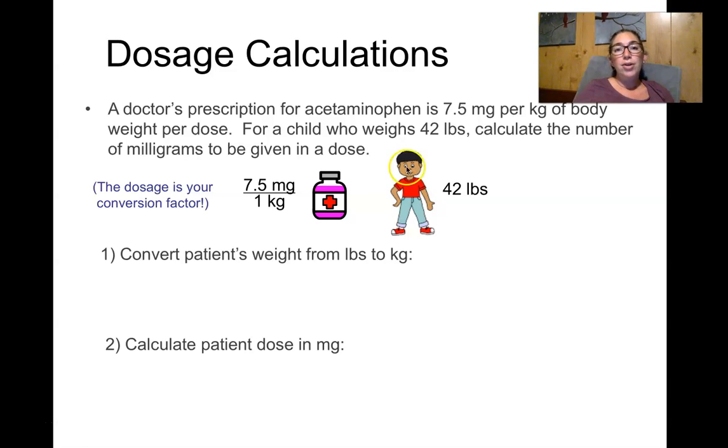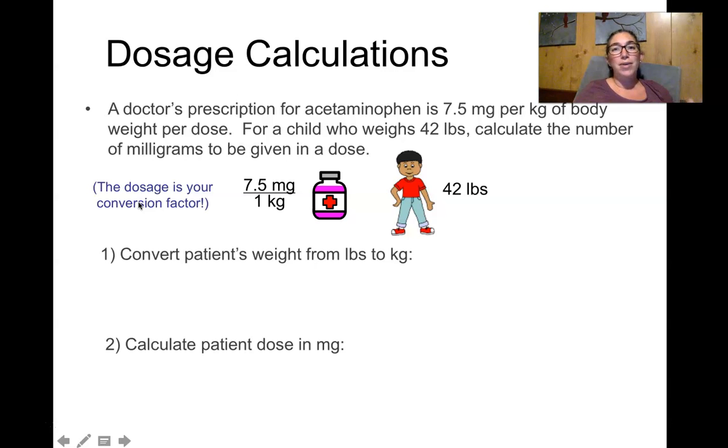All right, notice that the dosage, 7.5 milligrams per kilogram, the word per can almost be read as a division line. You can write that out as a fraction, and anytime we have a fraction like that, that's a conversion factor.